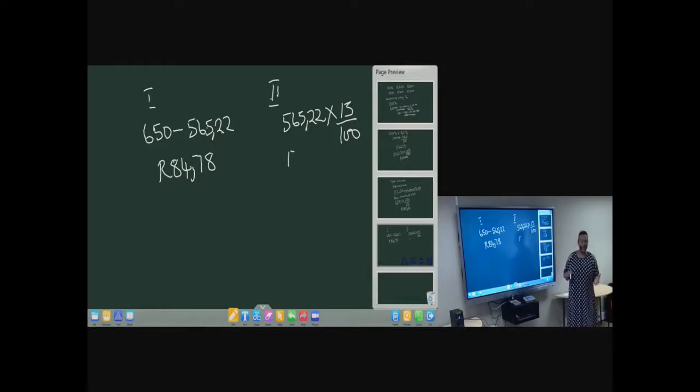The question can end where they are asking how much is the amount without VAT. You just have to multiply by 100 and divide by 115. But if they are asking how much is the VAT, after you have worked backwards to get the amount without VAT, then you can either subtract or multiply it by 15%.